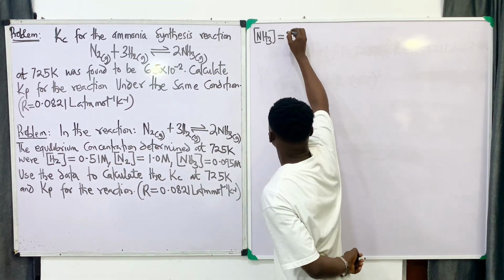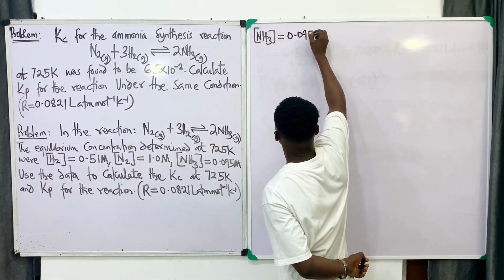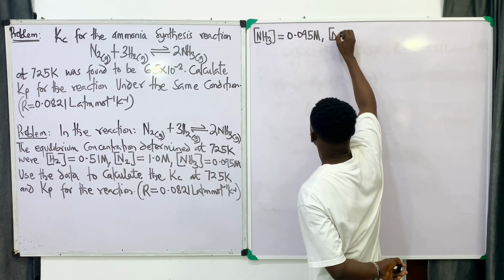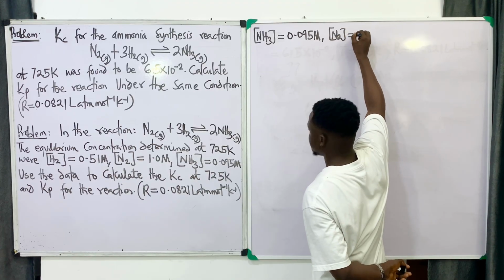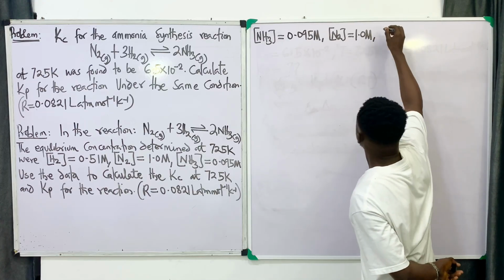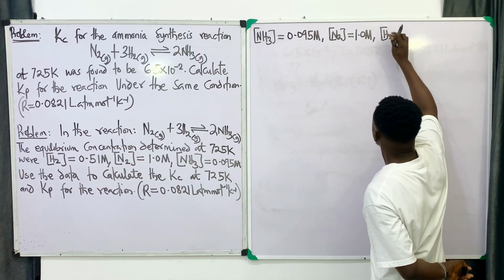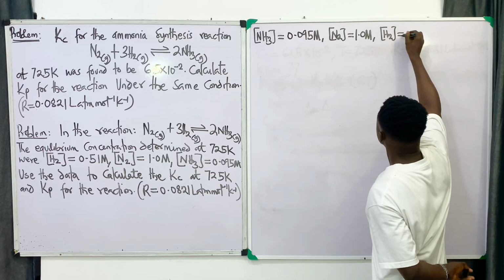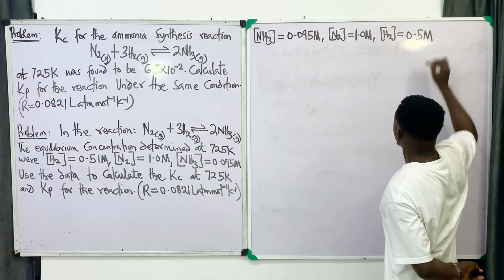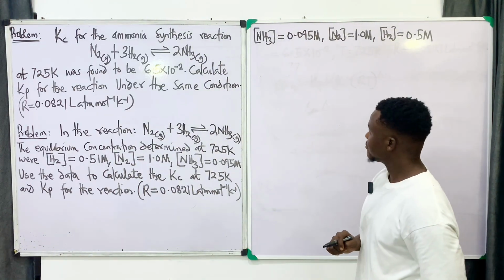So ammonia is 0.095 molar, nitrogen is 1.0 molar, and hydrogen is 0.5 molar. All right.